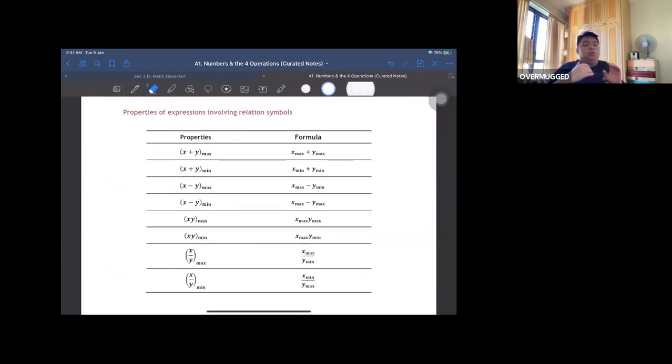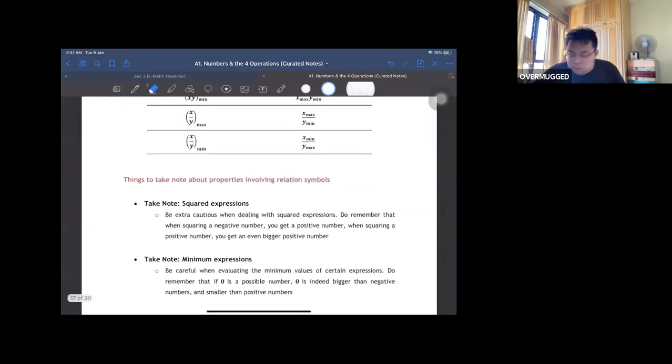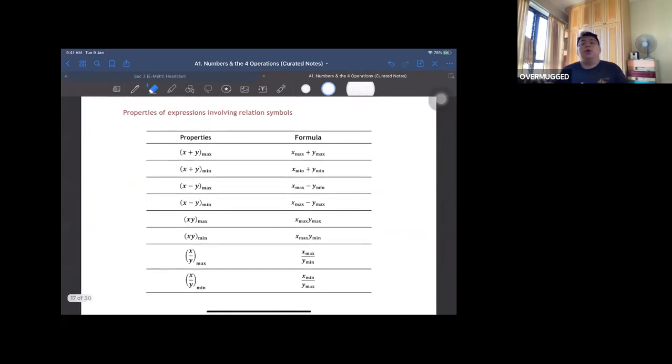So we need to know the different types of expressions involving relation symbols. For example, the question will ask, given that x can be arranged between something to something, and y between something to something, find the biggest possible value of x plus 3, or the biggest possible value of x plus y, or the smallest possible value.